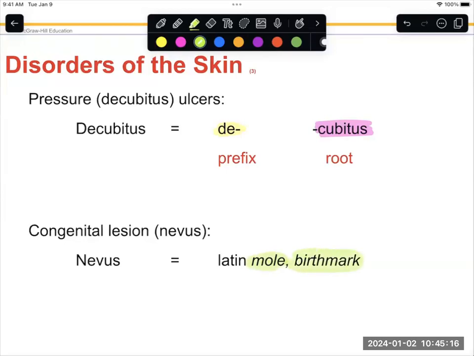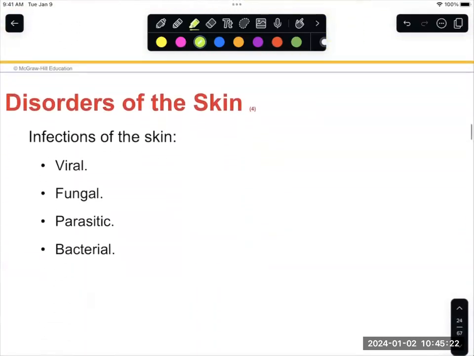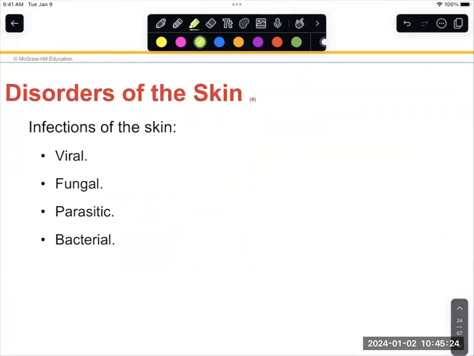These are usually pretty genetically determined. So different disorders of the skin have different types of infections. They can be viral. They can be fungal. They can be parasitic, or they can be bacterial.